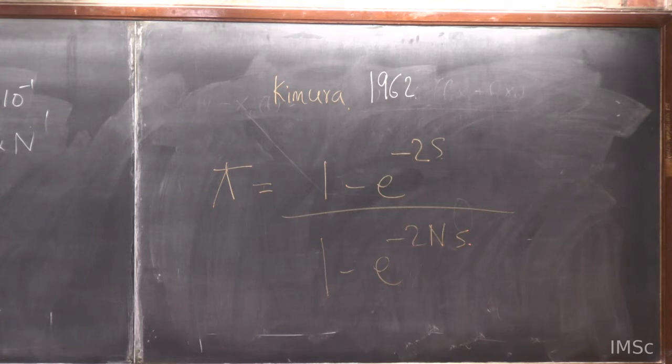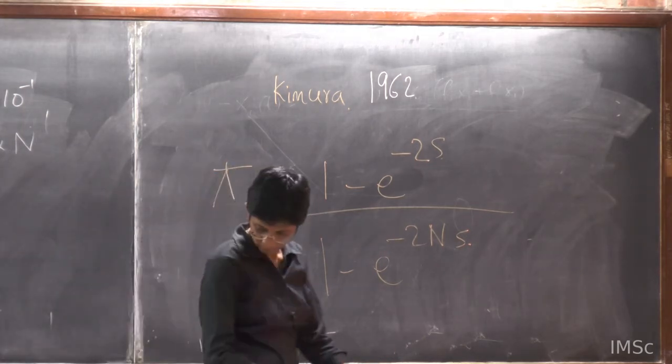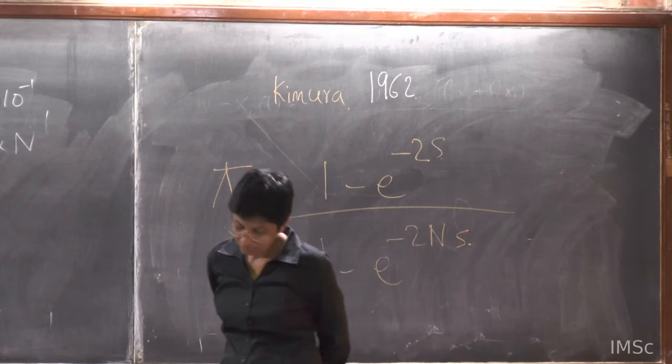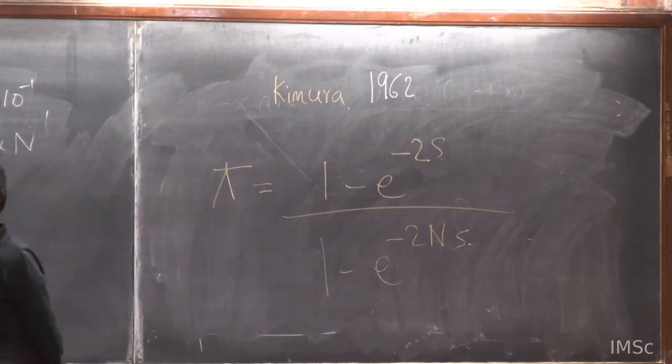Any ideas? So, let us say s is positive, and as s increases, do you think the probability would increase, decrease, or remain constant? Would it oscillate? Let us focus on positive s.